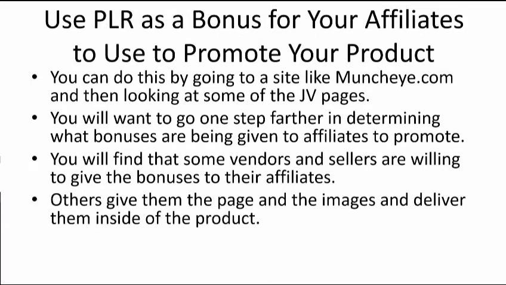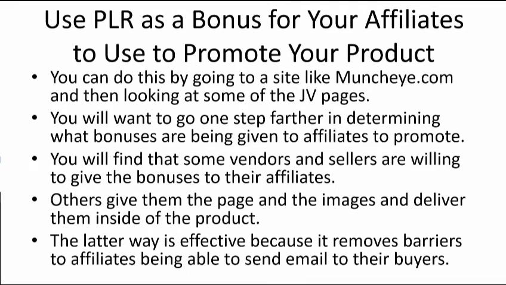Others will give them the bonus page and the images and then deliver them inside of the product. Of course, the latter way is effective because it removes barriers to affiliates being able to send emails to their buyers. So all of these are great ways to use PLR, and once again, it builds your sales, improves your statistics, and can invite other affiliates in directly by improving those statistics.